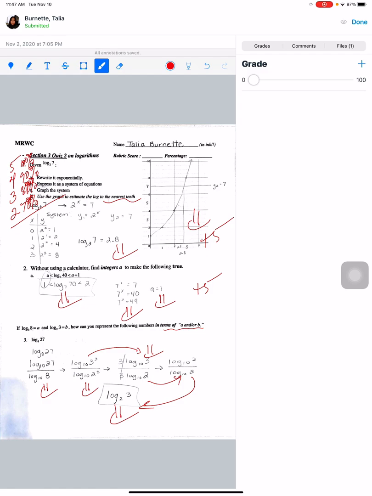But she didn't fulfill her obligation of write it in terms of A or B. So if this was a multiple choice or fill in the blank, she would get 0 because she didn't fulfill the objective. But this right up here, according to the given, is equal to B, which is correct. And so I'm going to give her a 4 out of 5, which is A quality work because this person knows what they're doing.